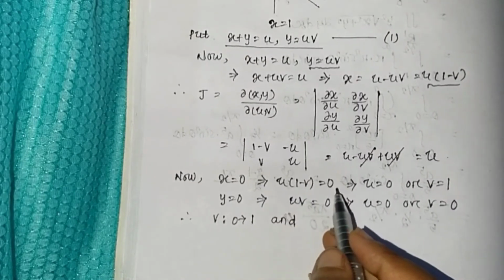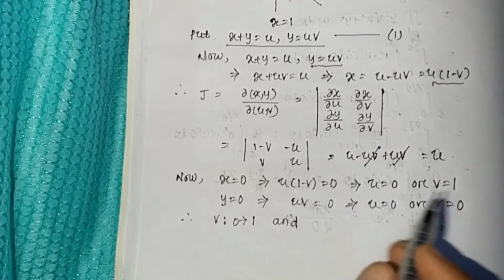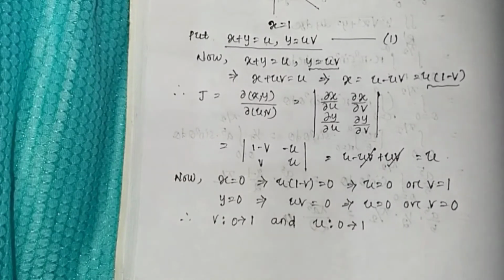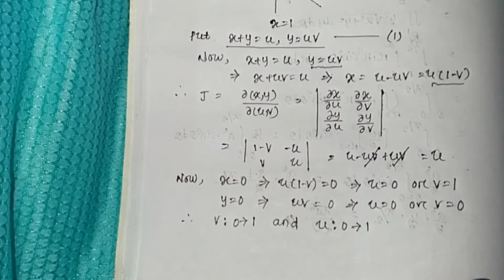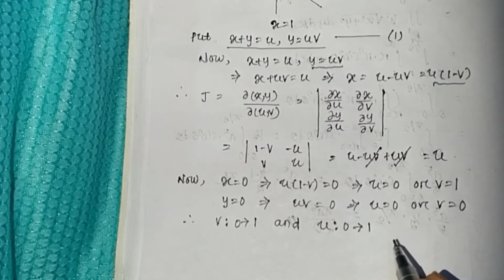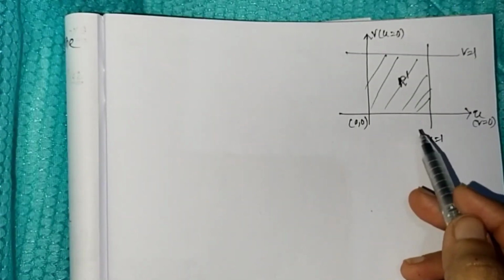So either u equal to 1 or 1 minus v equal to 1, that is v equal to 0. So u is also from 0 to 1. Then we draw the diagram, that is v is from 0 to 1, u is from 0 to 1. So that will be our diagram.